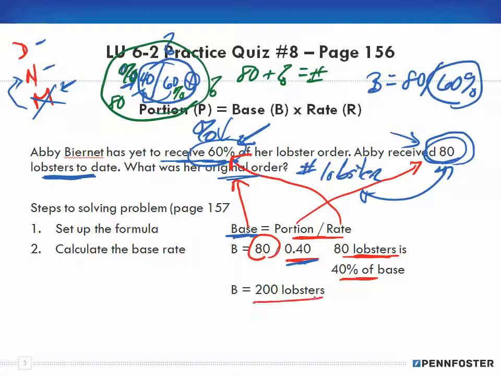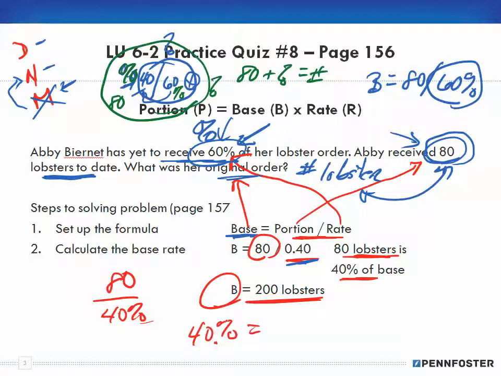And when I do the math, I end up with 200 lobsters. That is the total, the quote-unquote base. 80 is the portion, 40%. Now remember, that's a percent, and we did this in previous chapters, we have to convert the 40% into a decimal, and because percents are based upon 100, we move the decimal place over 2 places.